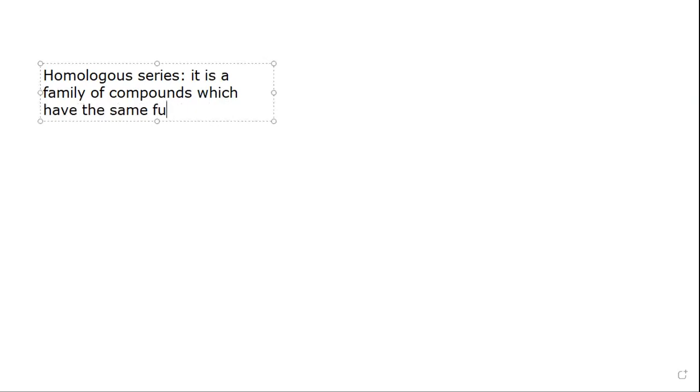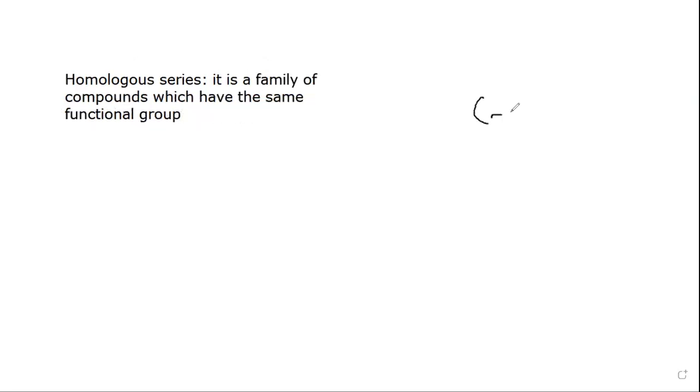As the book has on page 92, a homologous series is a family of compounds which have the same functional group. And when I say functional group, that is stuff like alcohol. So for an example, you have something like this, right? First, you have your H's.